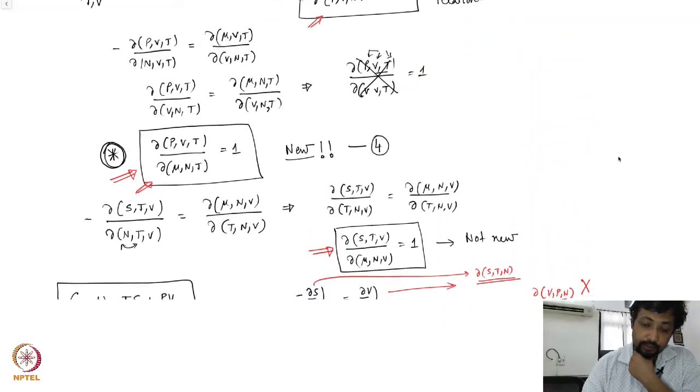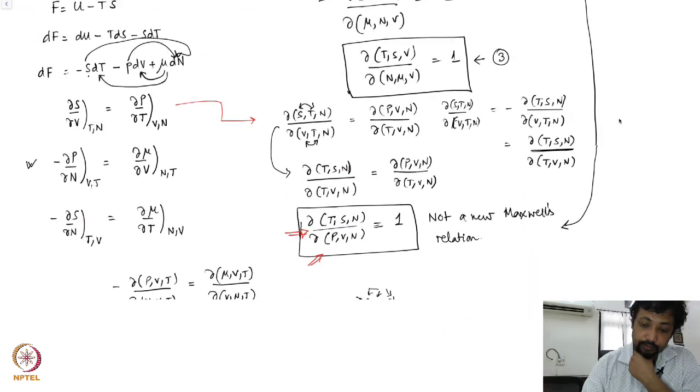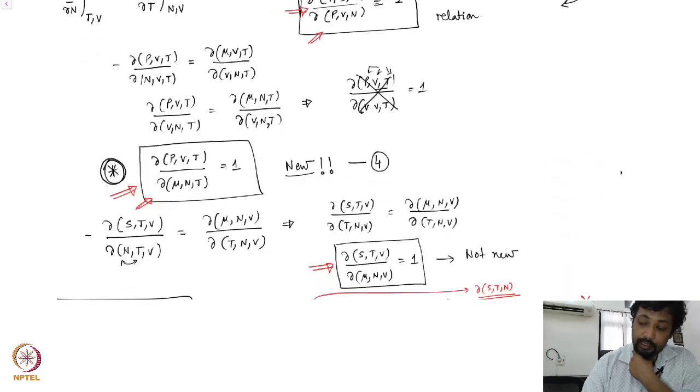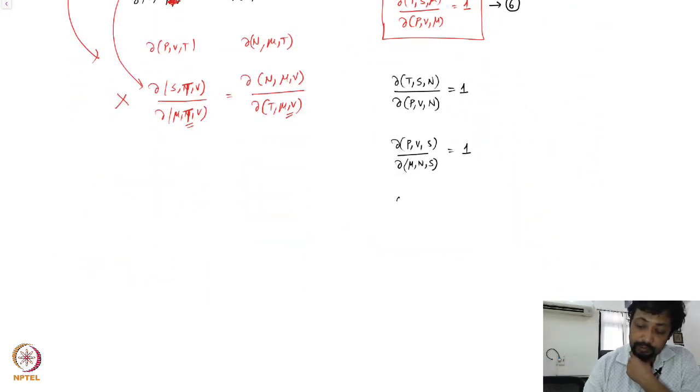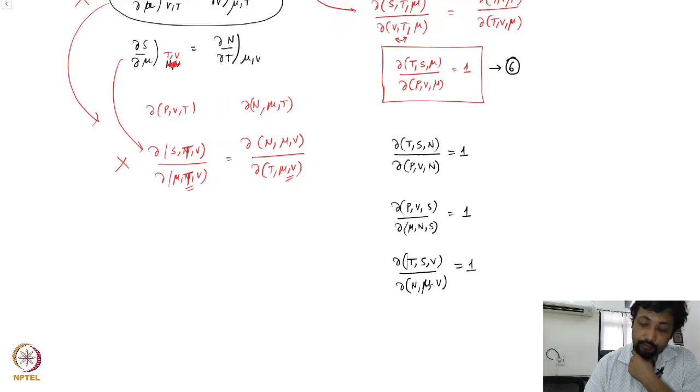The third one is T S V and N μ V. ∂(T,S,V) over ∂(N,μ,V) is equal to 1.